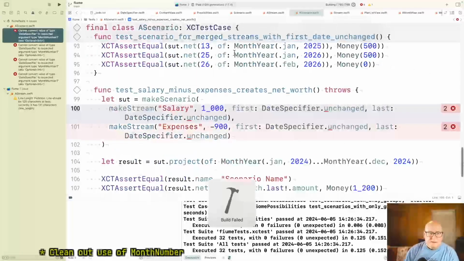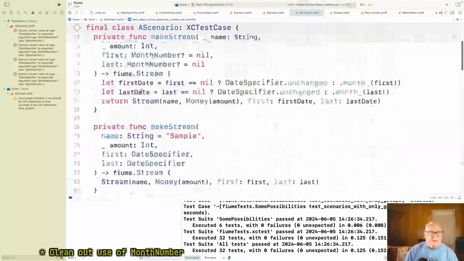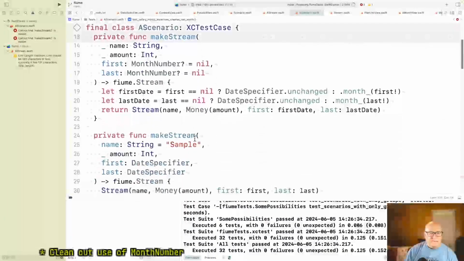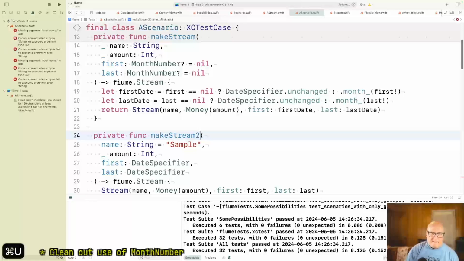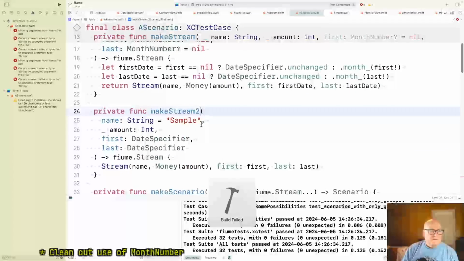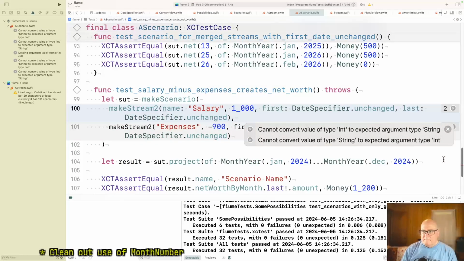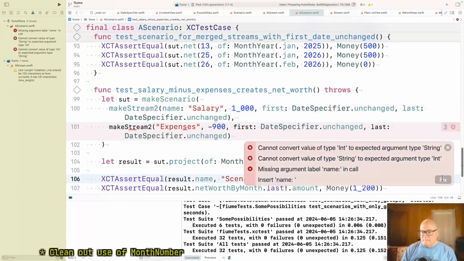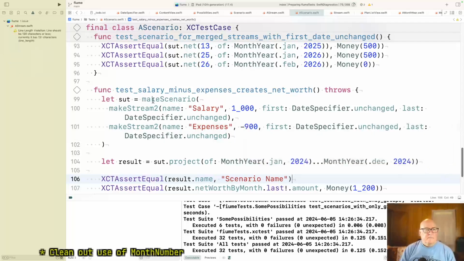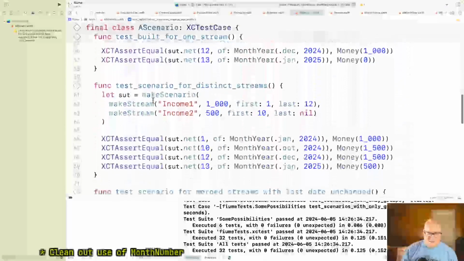But this one, oh, they're still there. Make stream. I'm going to call it make stream 2 for a minute. Does he want a mount? No. Okay.